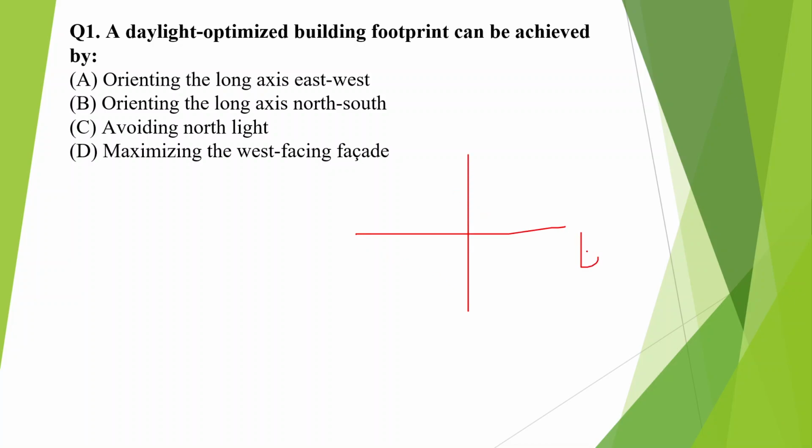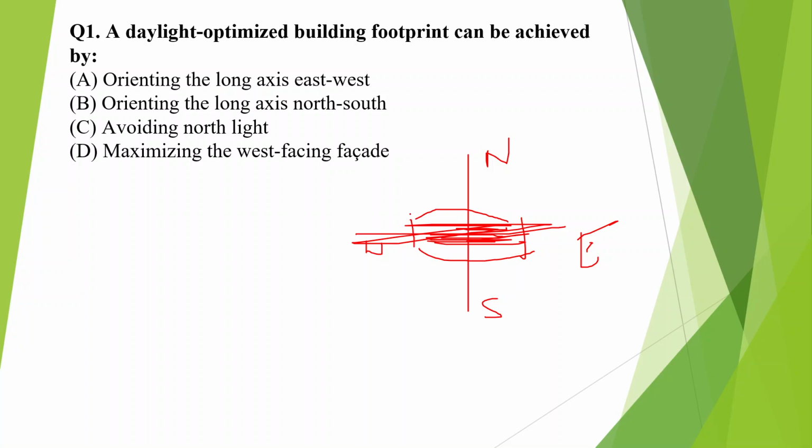East, west, north, south. So if the longer axis of your building is oriented in the east and west direction, then you can see the north facade this side and the south facade this side. This will allow more control of the daylight entry.